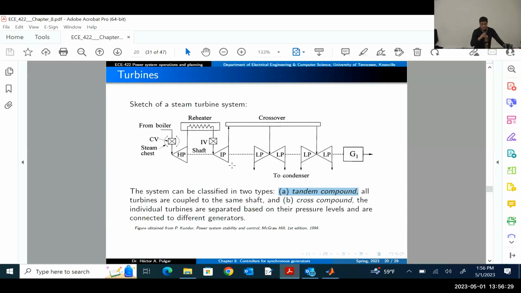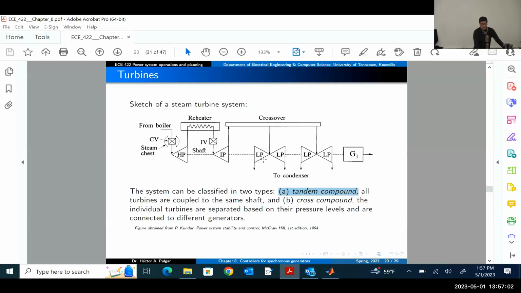And again, instantaneously, some of that energy will be converted into torque and sent to the shaft, but the rest of the steam that will still have some temperature and pressure will be sent to a crossover. So we will have some dynamics related to the crossover. All the pipelines that will take the steam to different low pressure turbines will be considered. So this is the third main dynamics we will consider, the crossover.